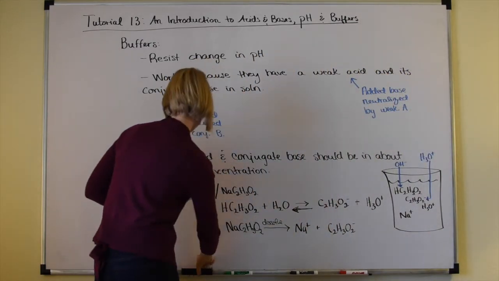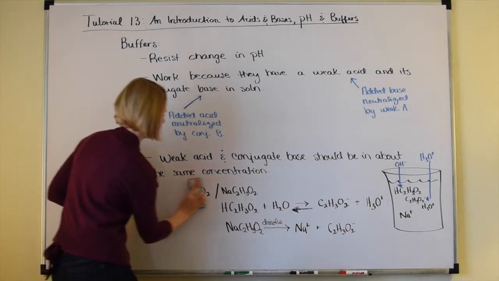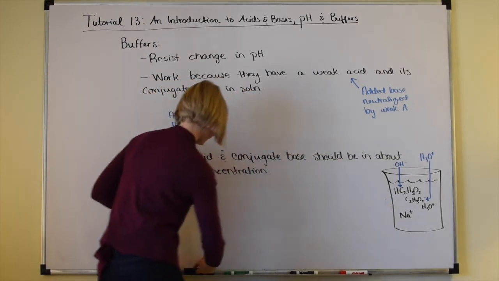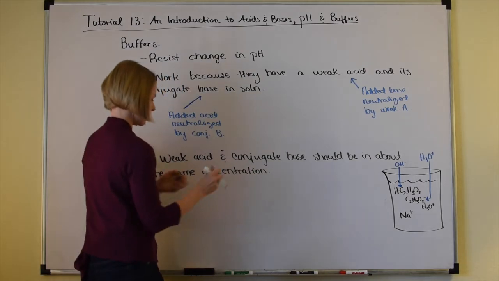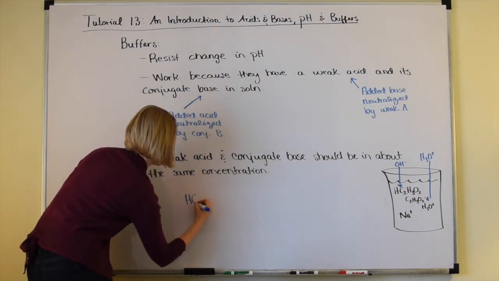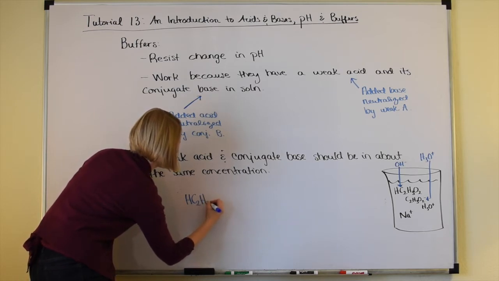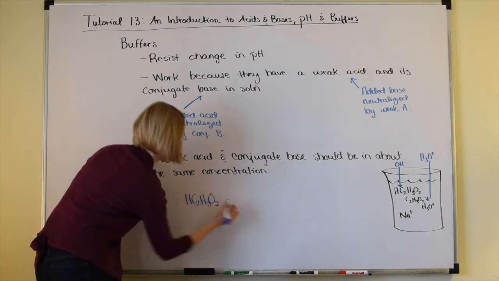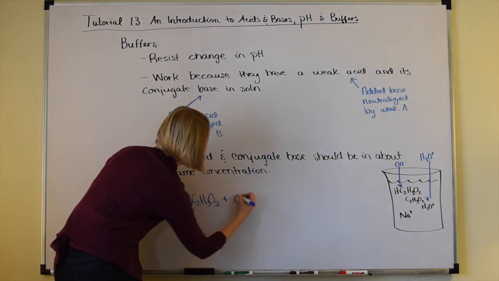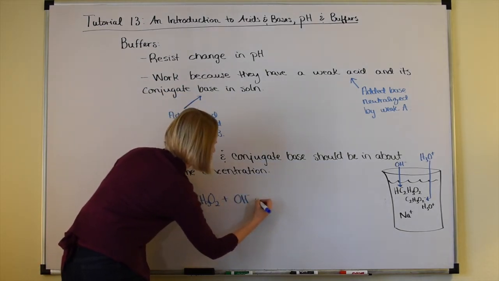I'm going to need a little bit more room, so I'm going to go ahead and erase this here. Okay, and I'll go ahead and do it in blue. So I'm going to write acetic acid reacting with any added base.